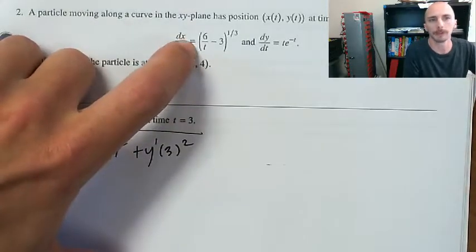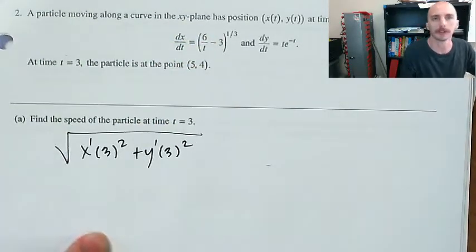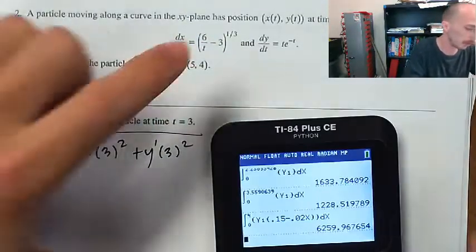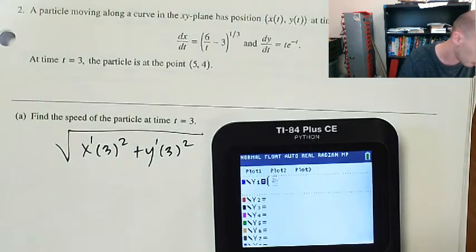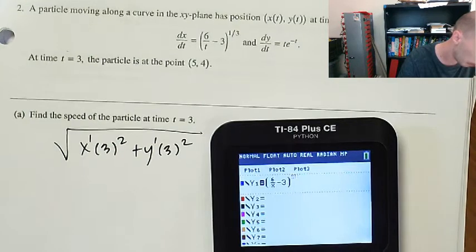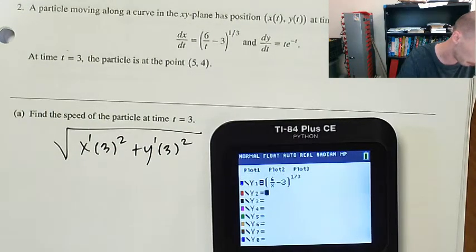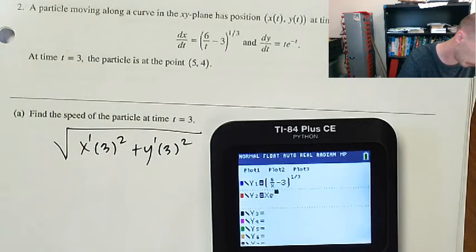Because it's a calculator problem, I'm going to type these into y1 and y2, because I know I'm going to need to use them eventually. So I'm going to put in a fraction bar, 6 divided by t minus 3 to the 1/3 power. And this is going to be t e to the negative t.